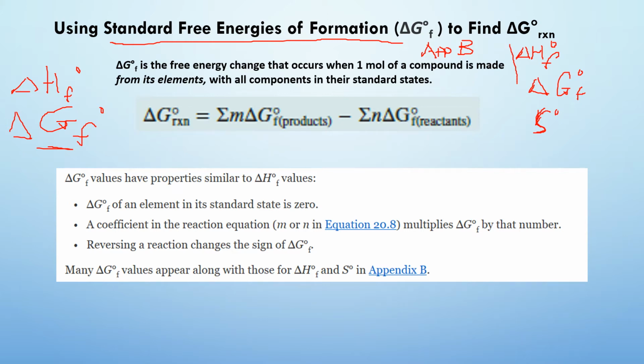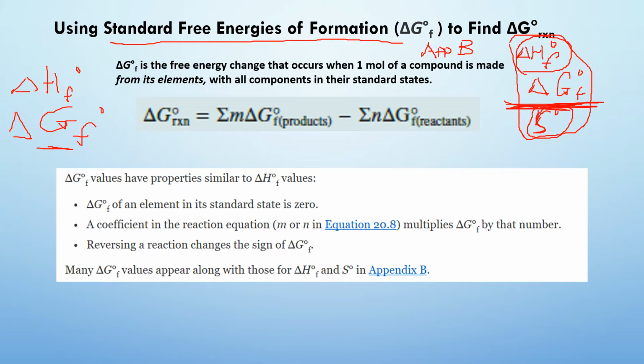So for each species, each compound, you can find these three thermodynamic values using appendix B. From the example in the previous slides, we used the delta H_f naught and the S naught to calculate the delta G of a reaction. So in this second approach, we can just use this delta G_f naught to calculate the standard delta G of the reaction.